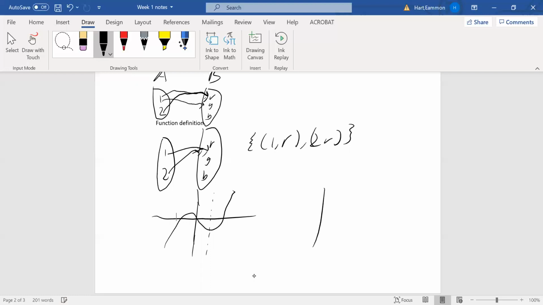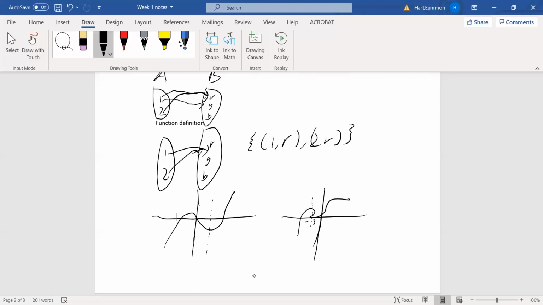But if I have this here, I can draw a vertical line that passes through the mapping twice, which tells me that this right here is not a function. And that's the same thing as saying that if, let's say the x value here is -3, there are multiple things that -3 maps to.